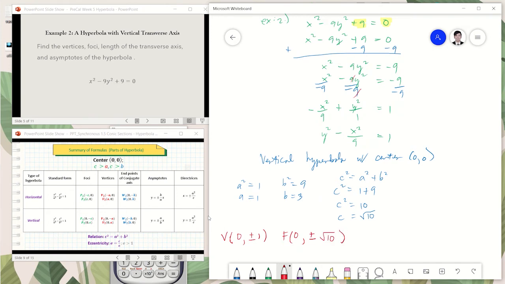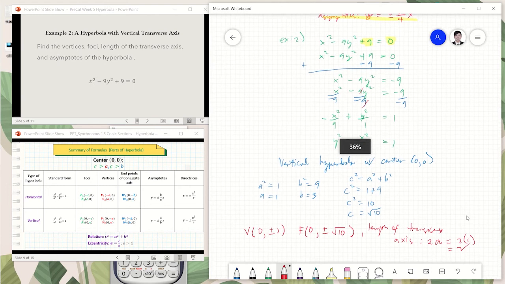Then next, we're asked about the length of the transverse axis. The length of the transverse axis is just 2 times a. So 2 times 1 is just 2.